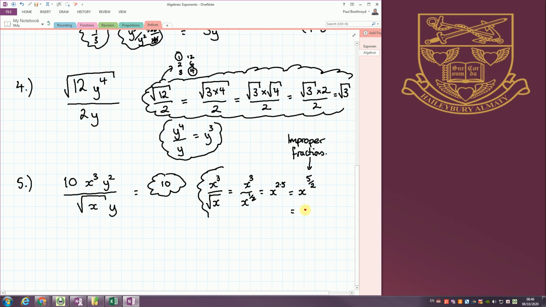So this could be written, if we remember our brackets, x and then to the power of a half. What's the power of a half mean? It's the square root back here. So we could actually write that as the square root of x to the 5.